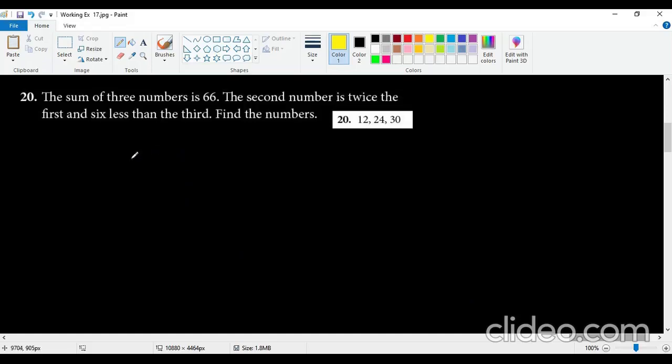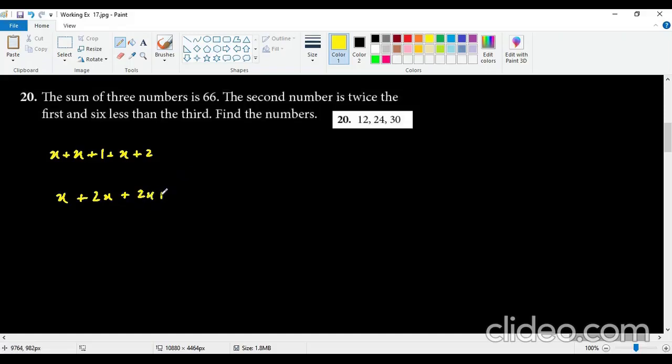The sum of three numbers is 66. The second number is twice the first, and the third number is 6 more than the second. Okay, so in here the first number is x, second number is twice the first, 2x, and the third number is 2x plus 6.